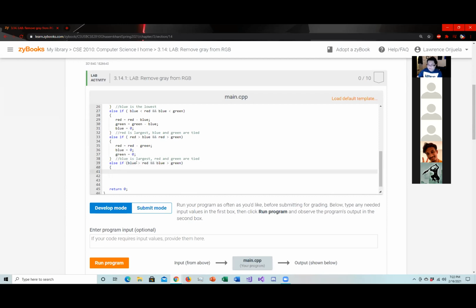In this scenario, we take blue, we set it equal to blue minus one of the 2 lower tied values. I'll just pick red. And then we say red is 0 and green is 0, right? Yep.